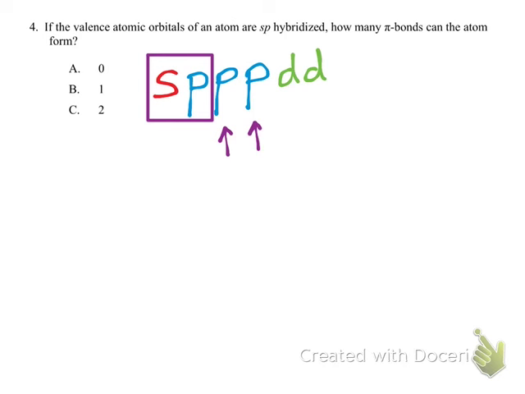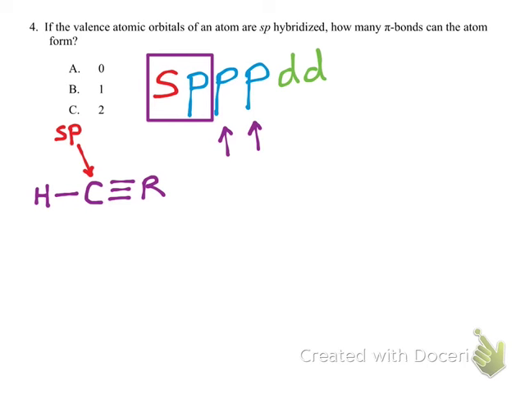So let's look at 2 examples. First, we have this carbon here that's got a triple bond. It's got 2 electron domains, so it's sp hybridized. And recall that single bonds consist of 1 sigma bond. Double bonds consist of a sigma bond and a pi bond, and triple bonds are the most delicious bonds of them all.